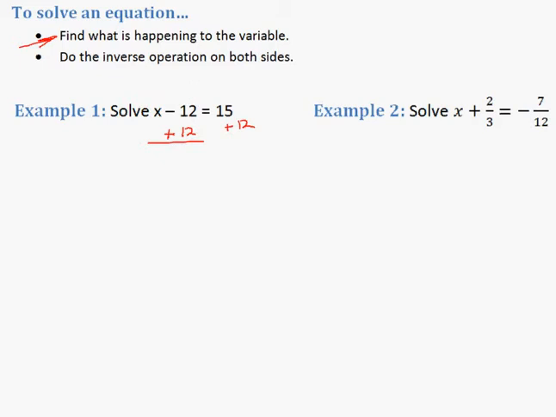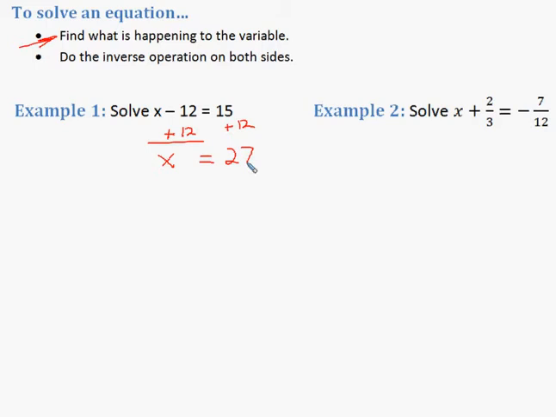So I'm going to add 12 to both sides. I chose 12 because I know that a negative 12 plus 12 is 0. So now I have x plus 0, which is just x. And on the right side, I have 15 plus 12, which is 27. So I determined what's happening to the variable, and then I did the inverse operation to both sides. So we mentioned that one would be 27 earlier.